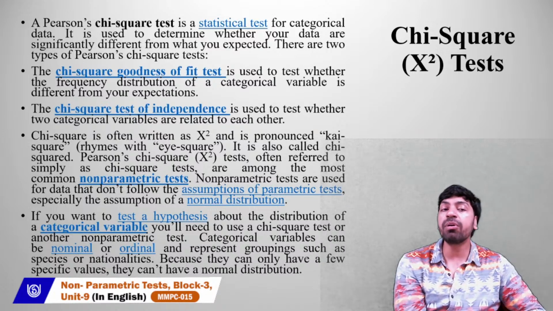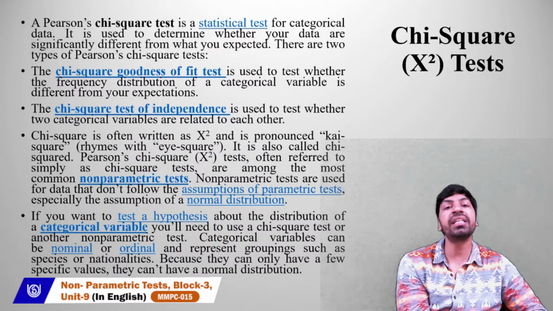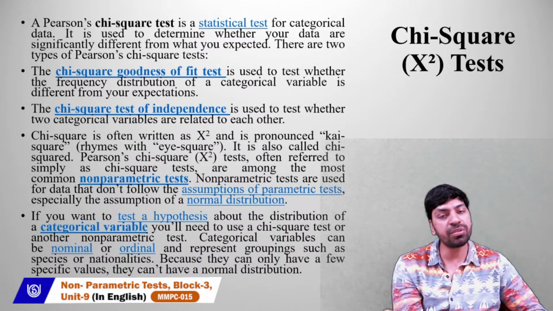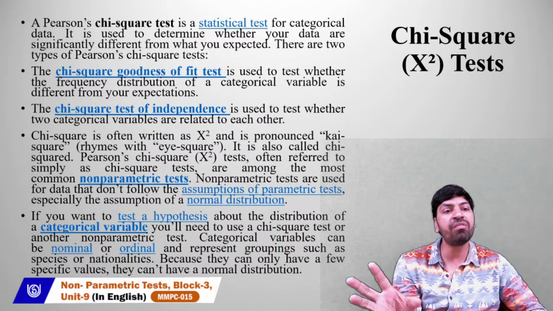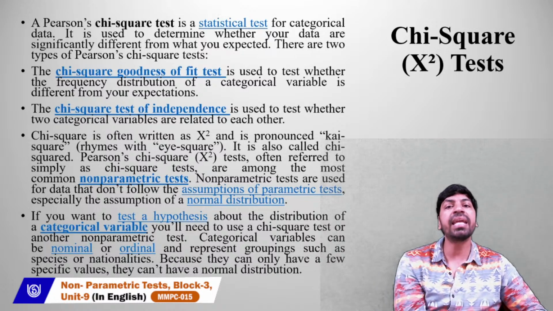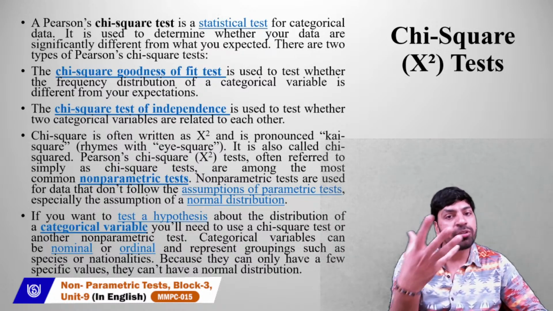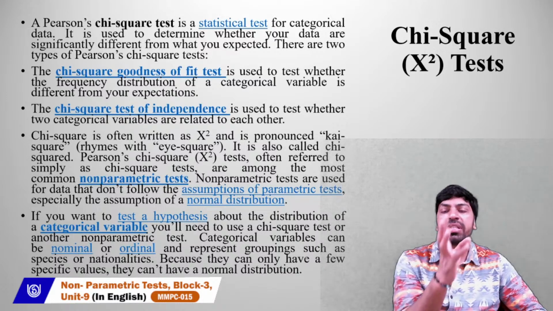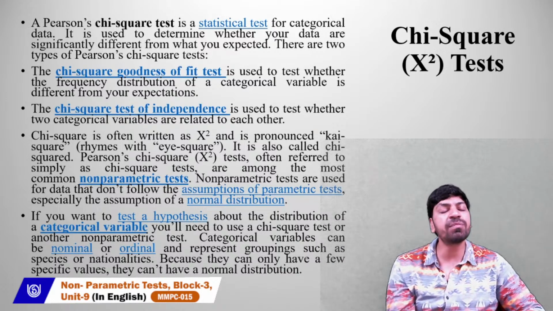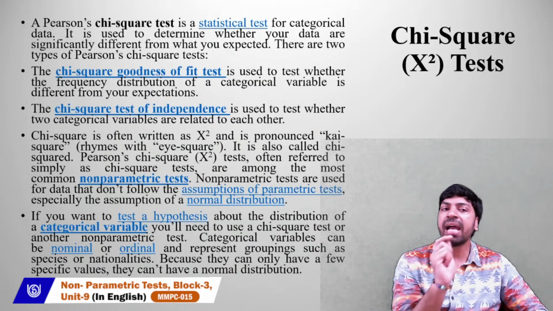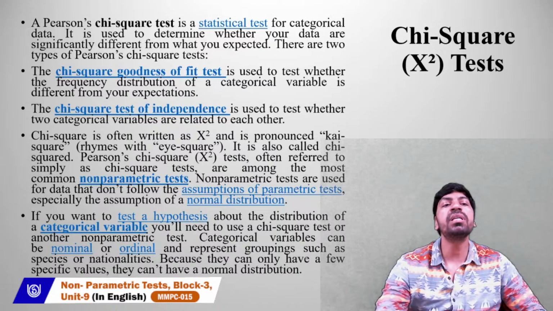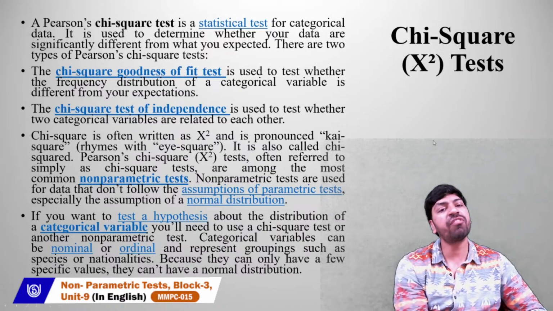The chi-square goodness of fit test is used to test whether the frequency distribution of a categorical variable, like age, gender, or income level, is different from our expectations or not. In that sense, we can use the chi-square goodness of fit test.